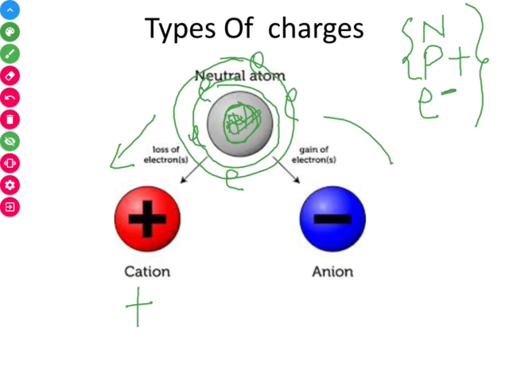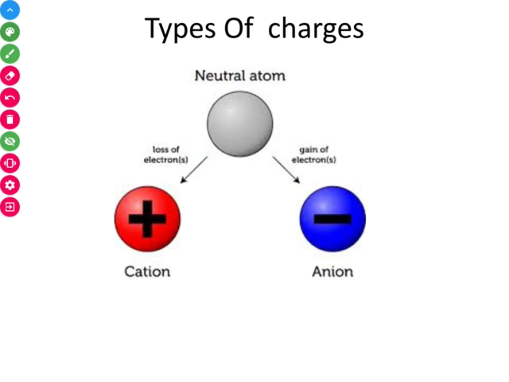And if we provide the electron to the neutral atom, it becomes negatively charged. So this is very important. Whenever we pull out the electron, it becomes positively charged. Whenever we provide the electron, it becomes negatively charged. So there are two types of charges, positive charge and negative charge. Loss of electron gives us positive charge, and gain of electron gives us negative charge.